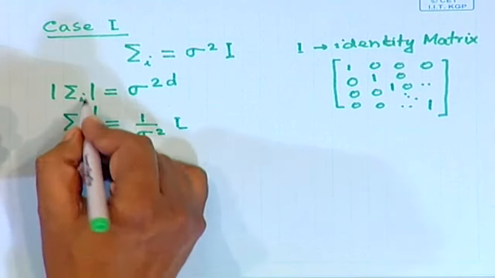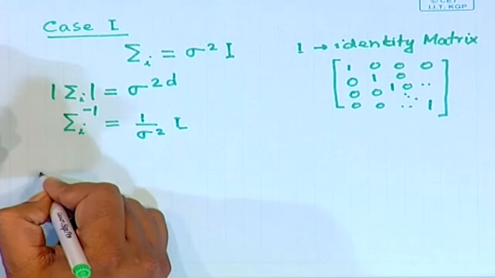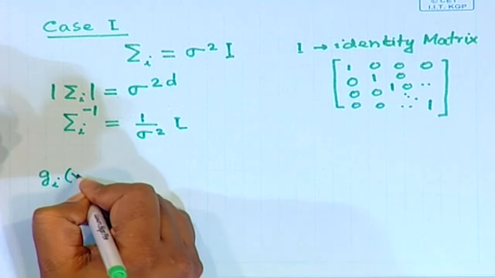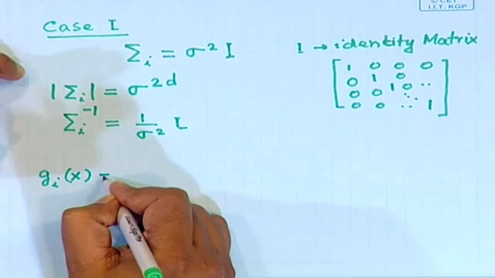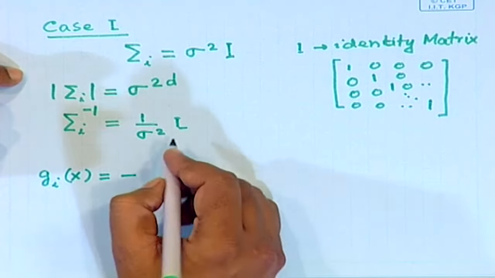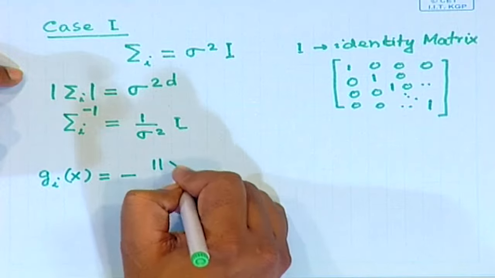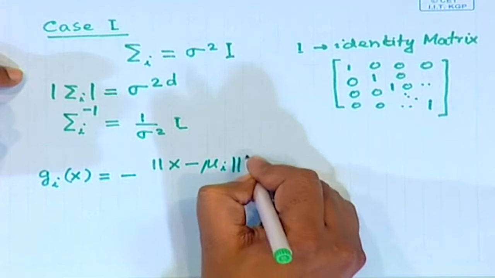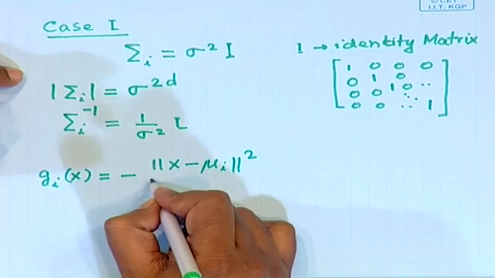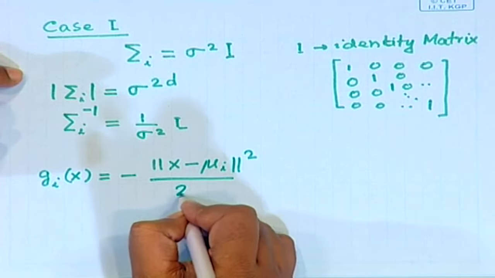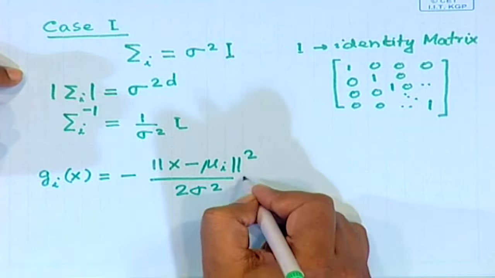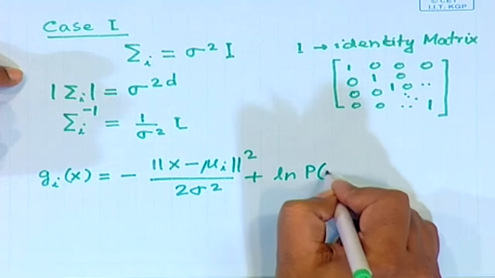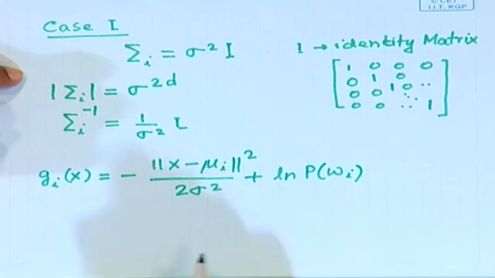In this case, having this simplified form, the discriminant function g_i(x) will simply become minus norm of (x minus mu i) square divided by 2 sigma square plus ln P of omega i.